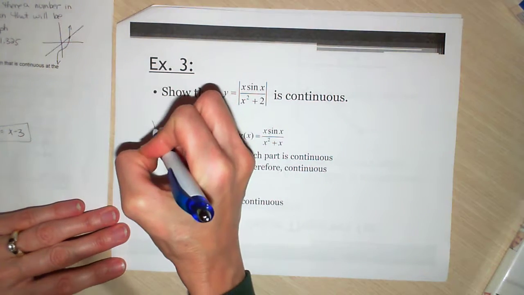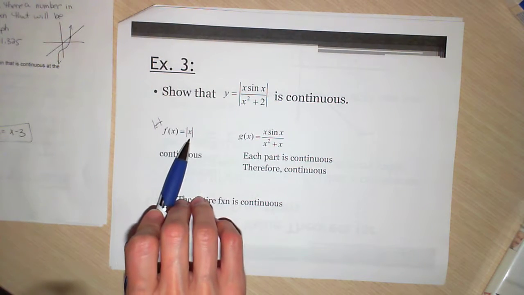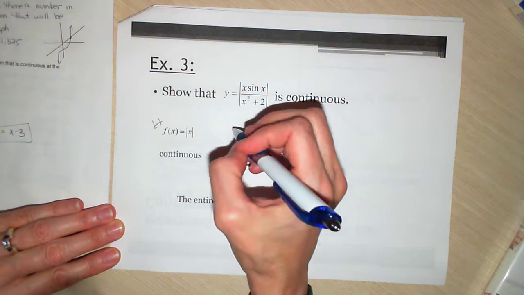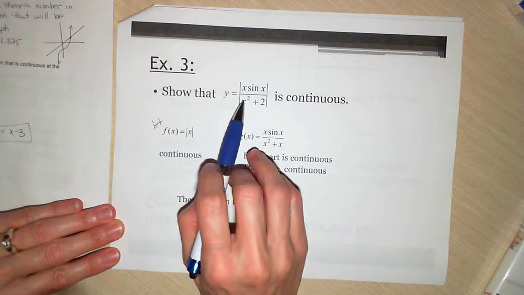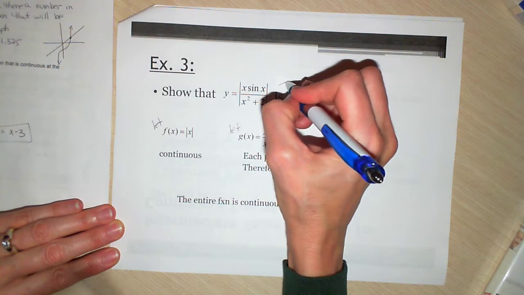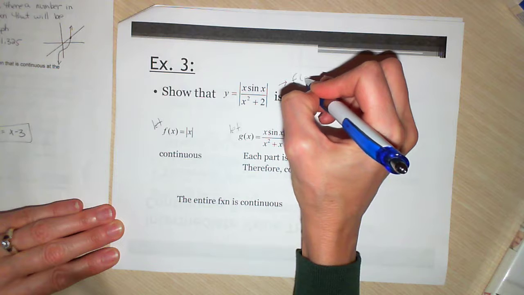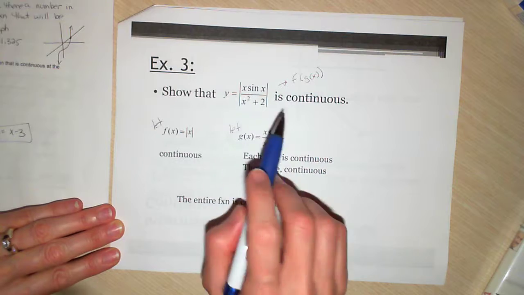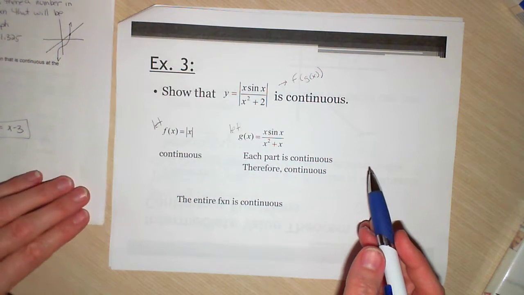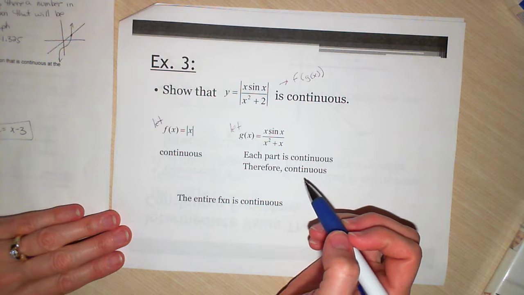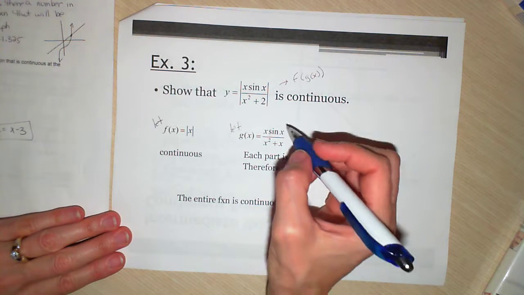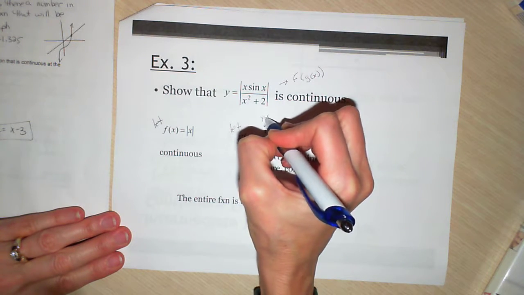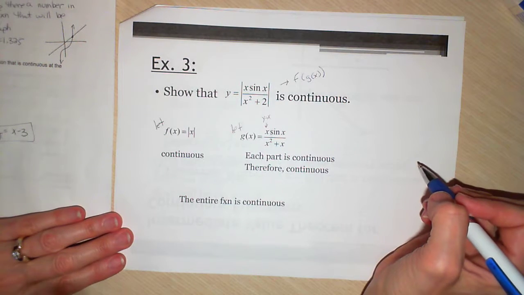So let's let f of x equal the absolute value of x, so that's kind of like the outside here, and let g of x equal the inside. So then this would be f of g of x. G of x is inside the absolute value function. Now let's look at g of x in pieces also, right? G of x is this function, y equals x, which is a line, which is continuous.